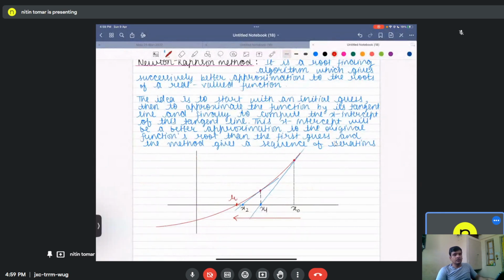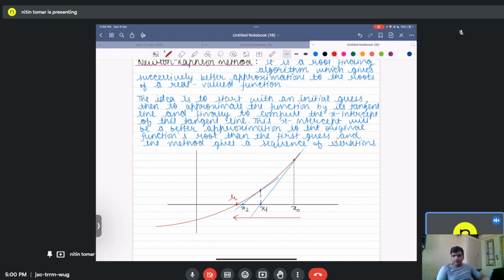So in the next session, we'll be discussing Newton-Raphson method. Its geometric motivation we have already discussed, but with the help of this geometric motivation, we will be deriving the formula for the Newton-Raphson method as we did for the secant method. Once again, it is not that difficult.